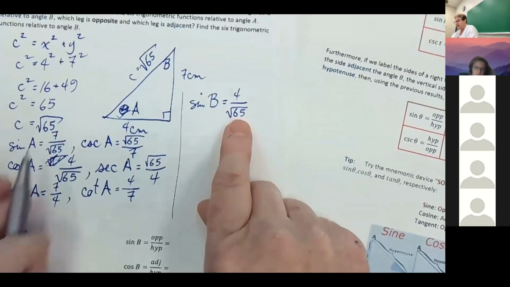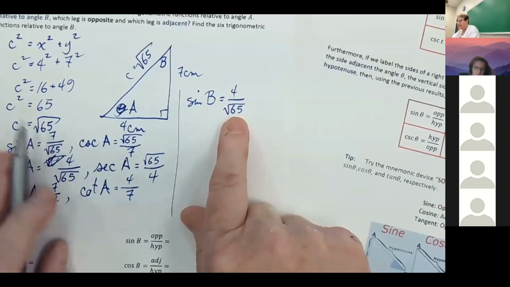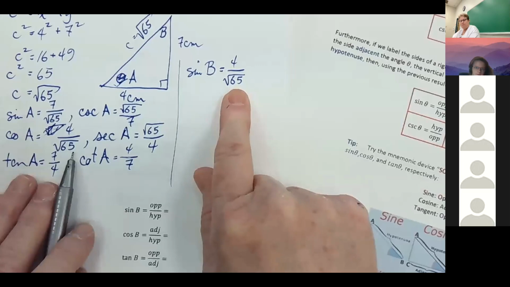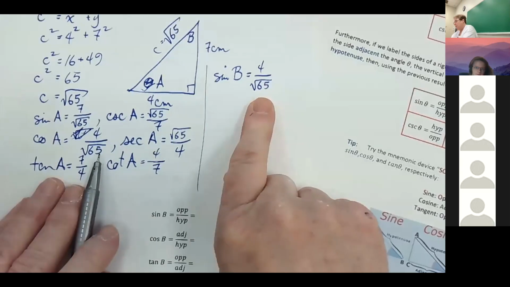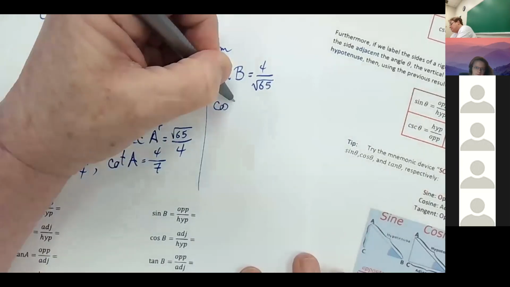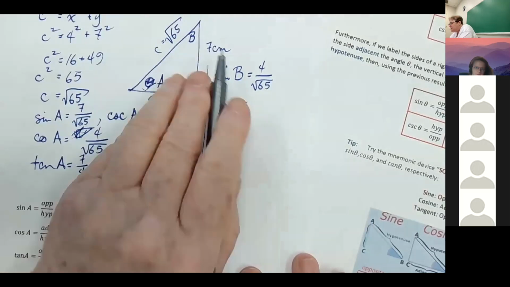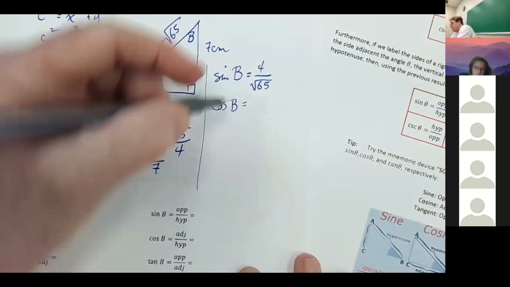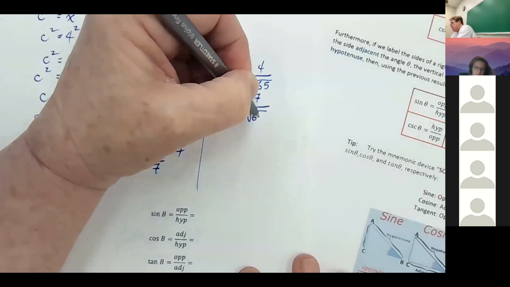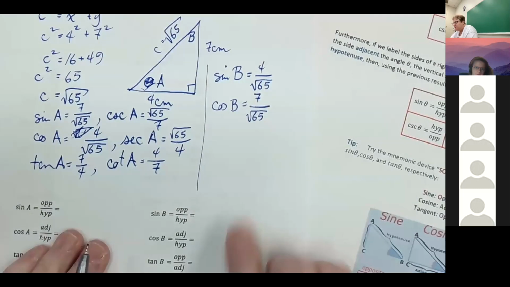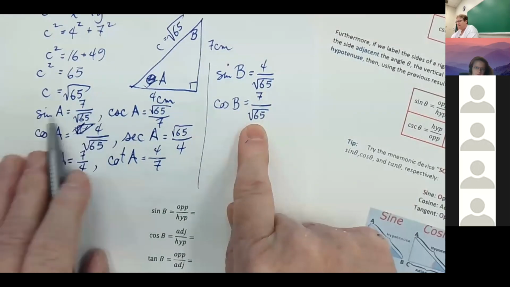And do you see that's exactly what we had for the cosine of A? And the cosine of B, that's adjacent over hypotenuse, 7 over the square root of 65. That's the same as the sine of A.